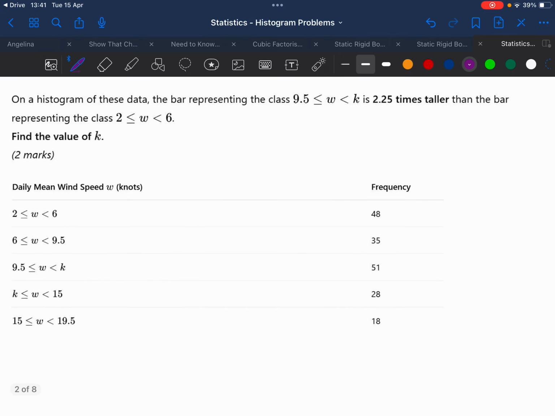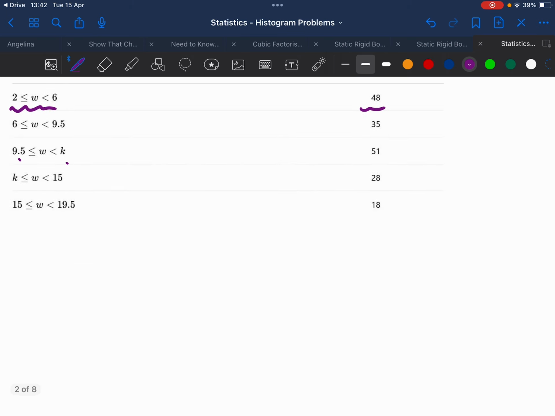On a histogram, the bar from 9.5 to K is 2.25 times taller than the bar from 2 to 6. Find the value of K. The best way to get started is to work with this one here. 2 to 6 is 4 wide, isn't it?